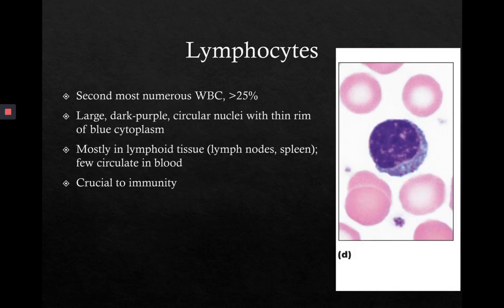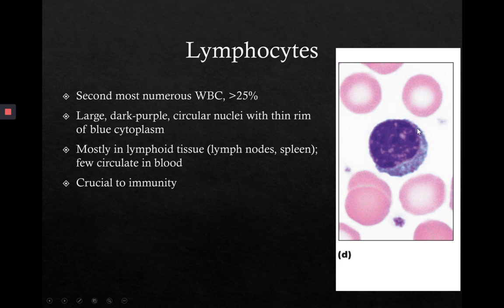Then you have 2 cells that are called agranulocytes. As opposed to the neutrophils, eosinophils, and basophils, agranulocytes do not contain granules. The second most numerous white blood cell is the lymphocyte, and it contains a really large nucleus compared to its size. It contains a large circular nucleus, and it's so large compared to the size that it almost completely blocks out its cytoplasm.